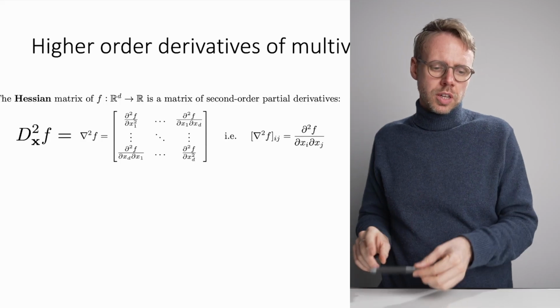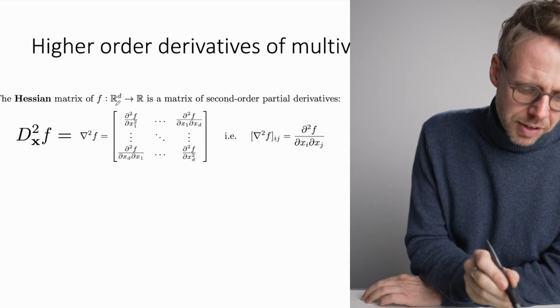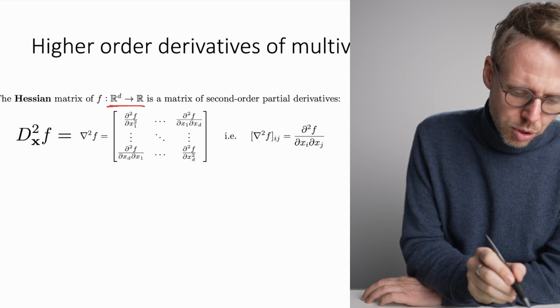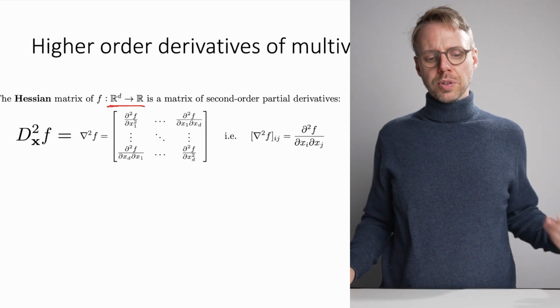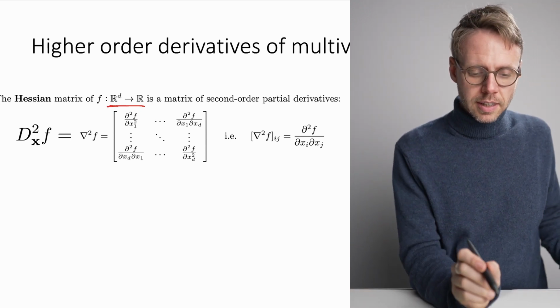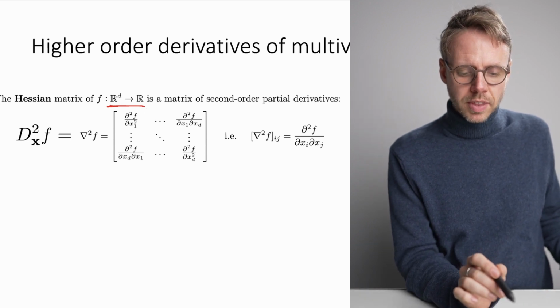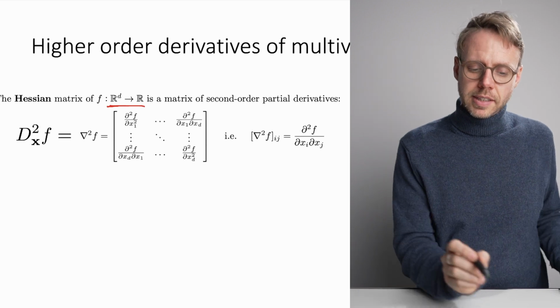How about higher order derivatives? The generalization of the second derivative is called the Hessian matrix. For a multivariate function, the function that takes a d-dimensional input and outputs a single real number, the Hessian matrix is the following d by d matrix.